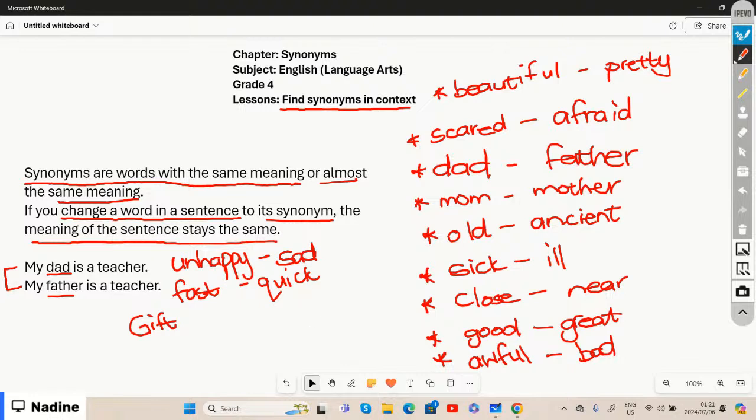Yes, so another word for gift, we would say it's a present, right?